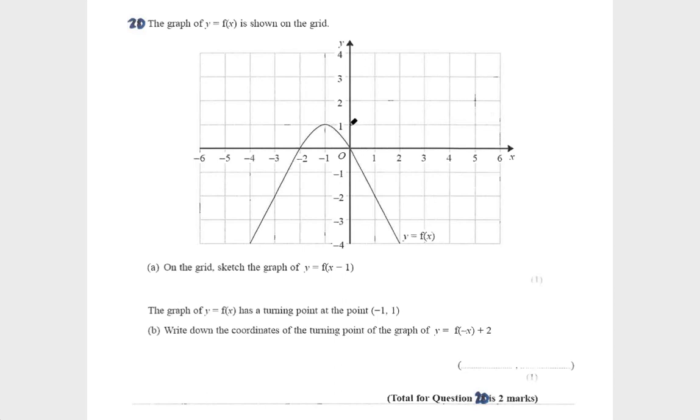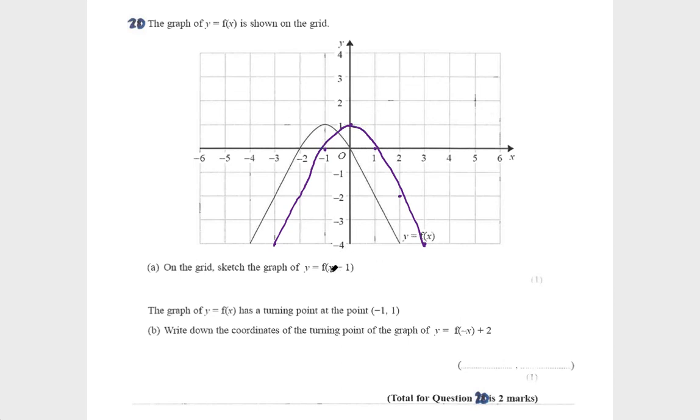So that is going 1 to the right there, that's going 1 to the right there, that point goes 1 to the right there. That point goes one to the right there. Just marking everything that goes through the corners of the grid. Try and draw that in nicely. It's not perfect, but it would get the mark.